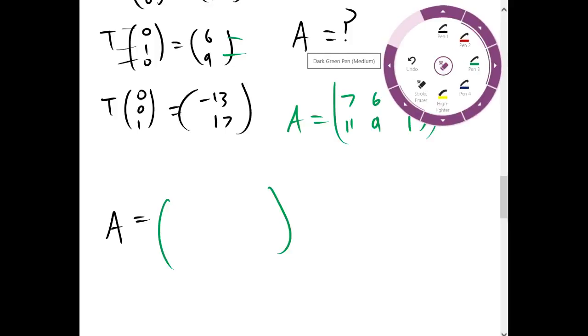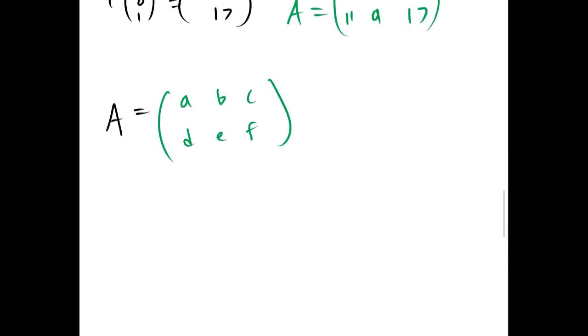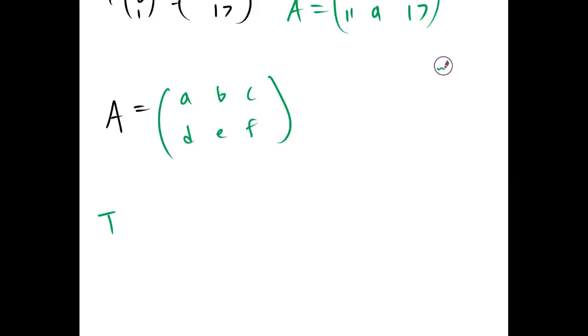So A has 6 entries. We don't know what they are, so we'll just use a, b, c, d, e, f for them.